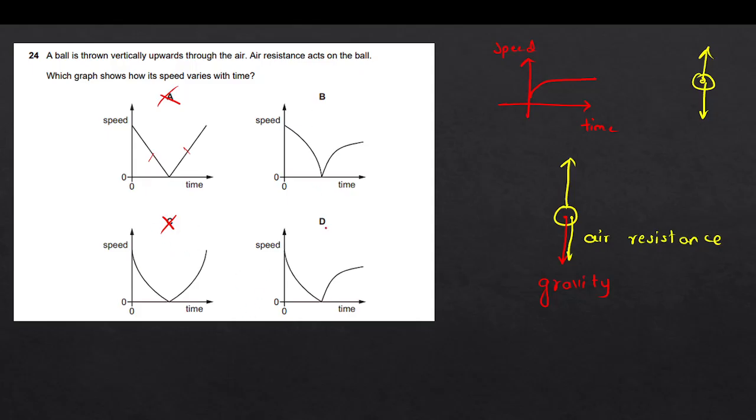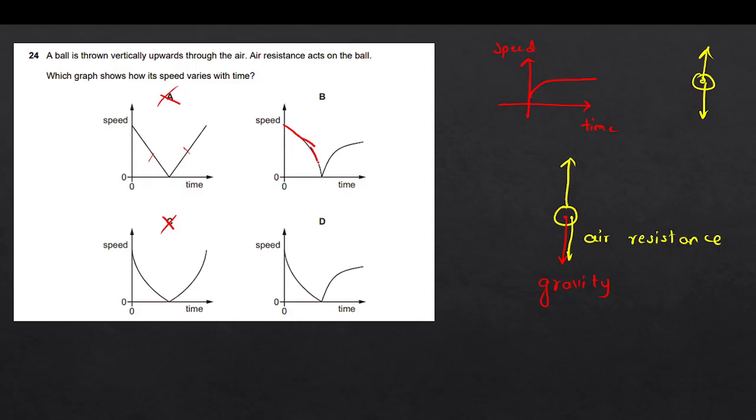Between option B and D, let's look at what is happening to deceleration. As the object is moving upwards and reaching the highest point, the acceleration on the object reduces, because the air resistance is reducing as the speed is reducing. In this case, look at the slope here.